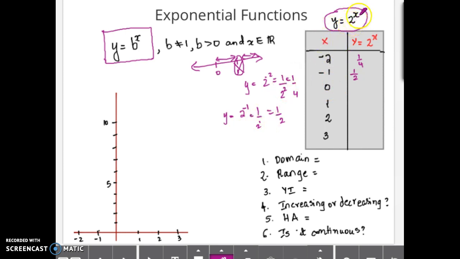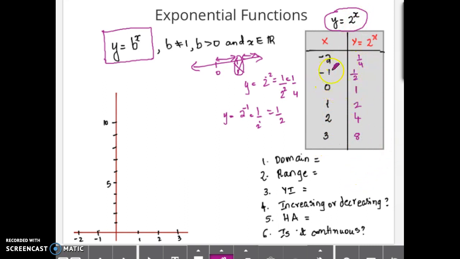We know that any number to the power of 0 is 1. Next, plug in x as 1. 2 to the power of 1 is just 2. Now plug in x as 2. 2 to the power of 2 is 4. Now plug in x as 3. 2 to the power of 3 is 8.